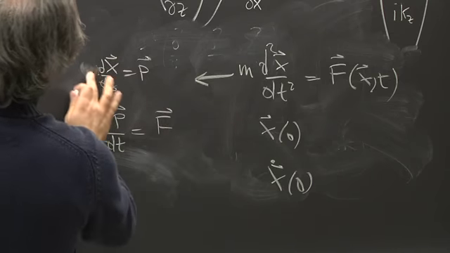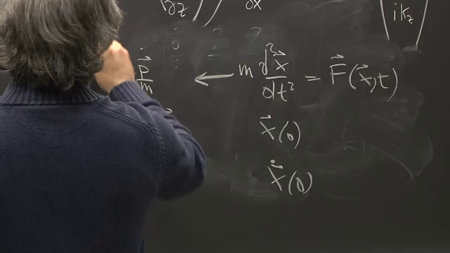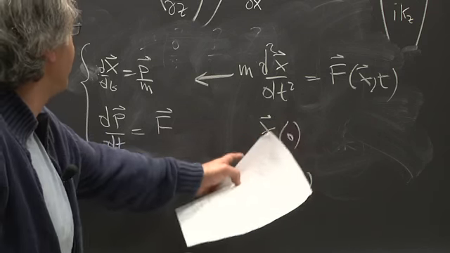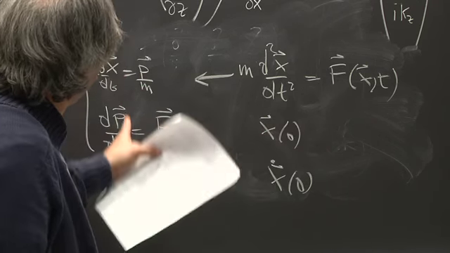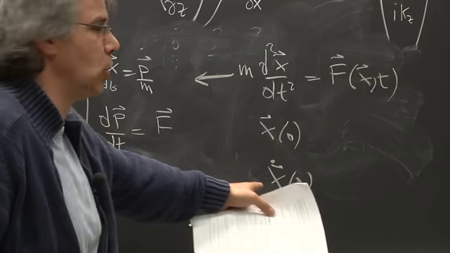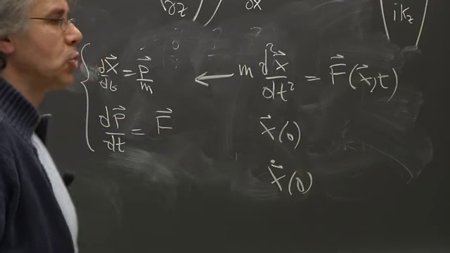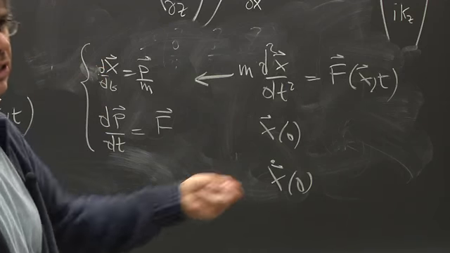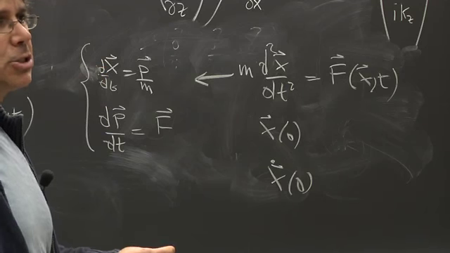So in this form, you see it's a system of first-order differential equations. And again, the information you have to give is the same: initial position and initial momenta, or velocity. So for each degree of freedom appearing in first order, you have to specify the initial condition. And this is pretty simple.